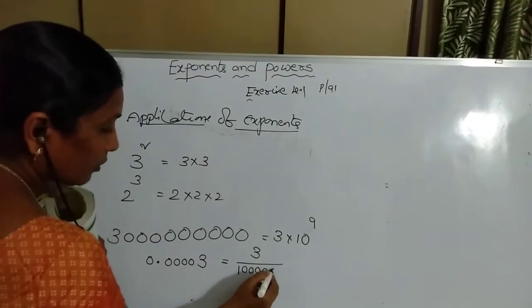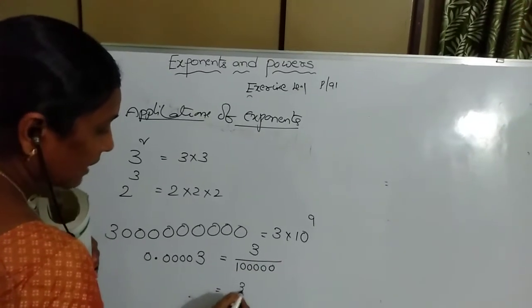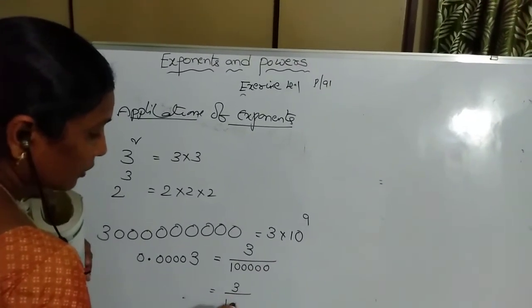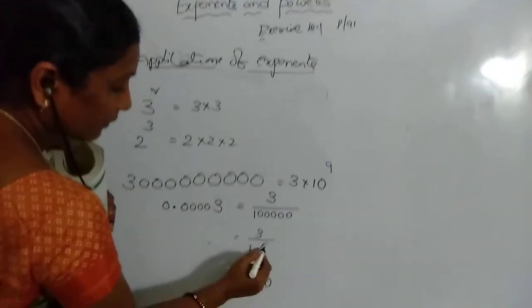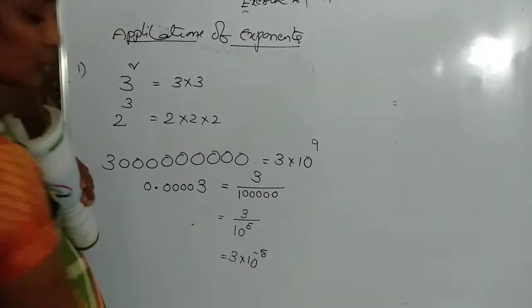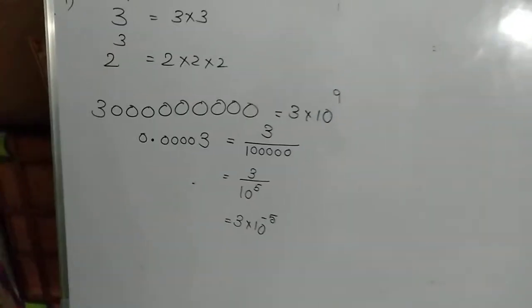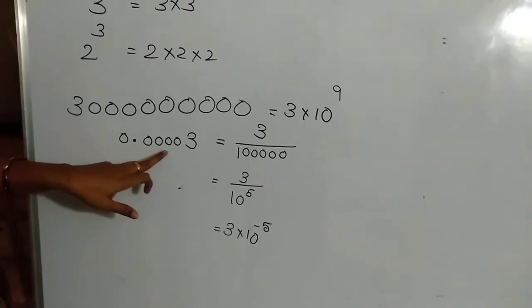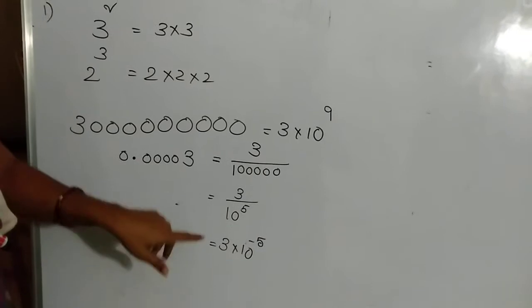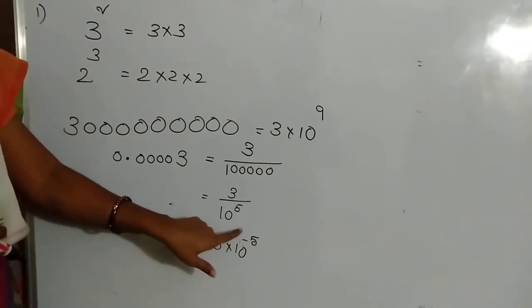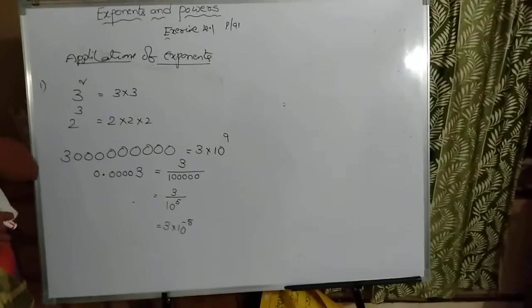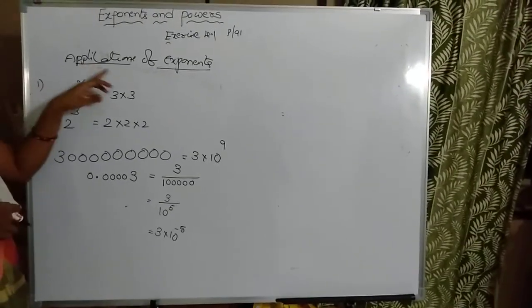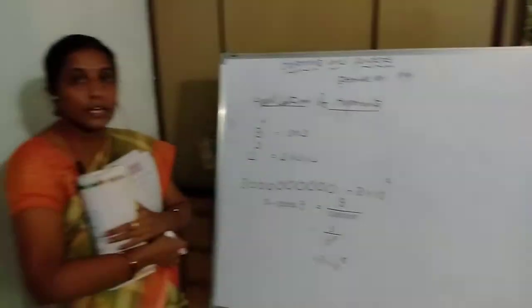So it can be written as 3 by 10 to the power 5, and this can be changed using negative powers of exponents. So 0.00003 can be written as 3 into 10 to the power minus 5. Such problems are used in our day-to-day life. These are the applications of exponents and powers.